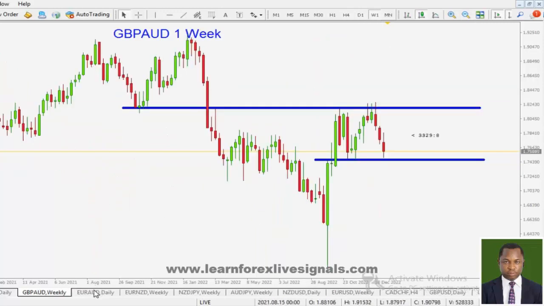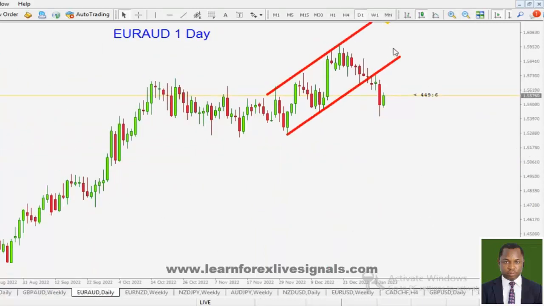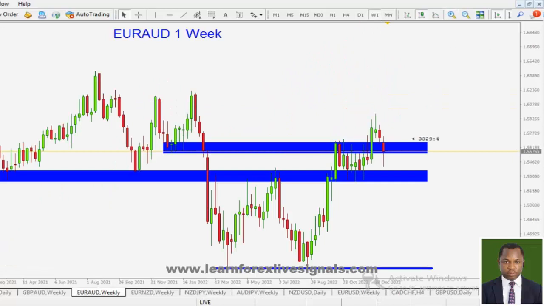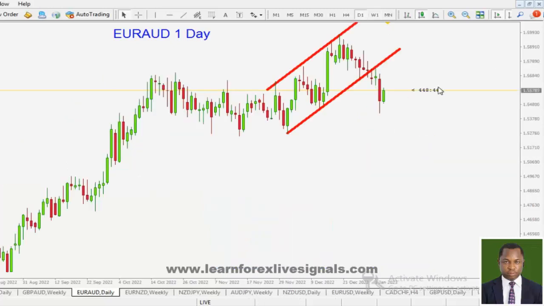Okay, let's look into the euro against Australian dollar. This is another one. Remember, in the weekly time frame we had analyzed this as well. We said price was trading in between support and resistance, and while we're looking for short entries, they drove price all the way right here, taking out all stop losses, and then price is beginning to come back in. In fact, we analyzed this in the daily time frame.